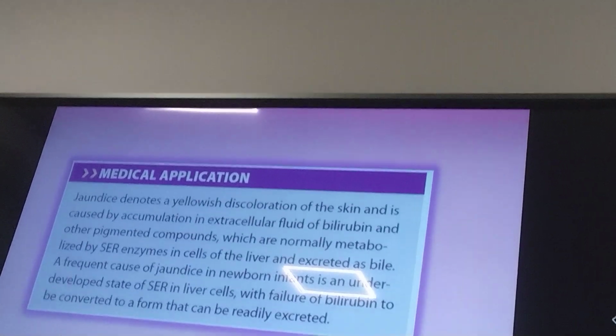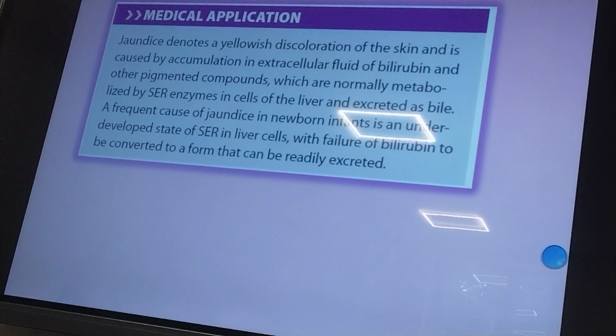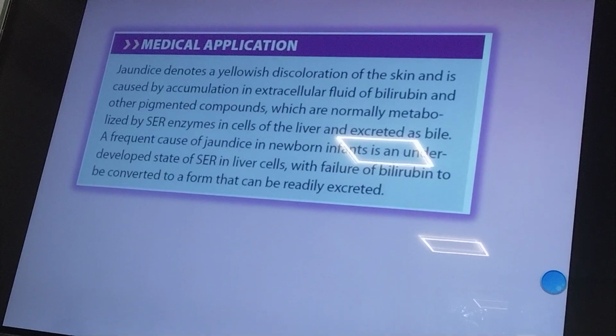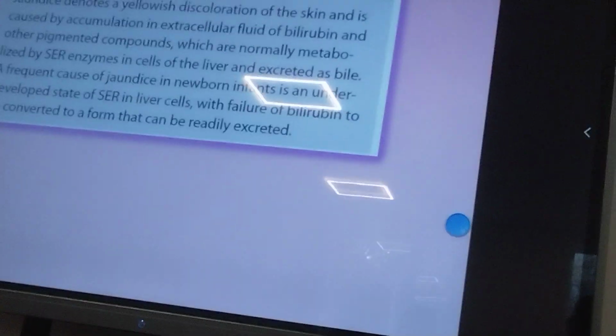You might have hepatitis A, B, C, right? The major symptom is yellowish skin, right? Which we can observe on the skin. And this is because the liver cells are damaged, and the smooth endoplasmic reticulum does not work properly.